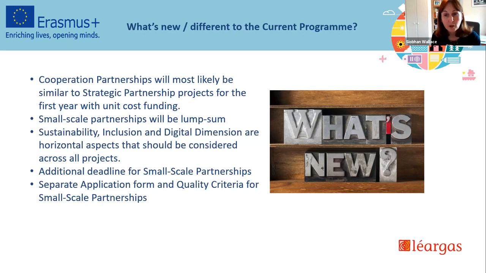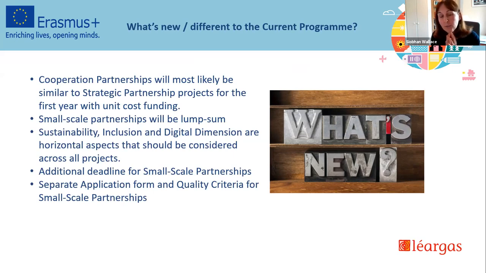So it is a relatively small amount of funding, but as said, if you only need one other partner from one other country, there's a lot that you can do with that sort of funding. And also it's less responsibility than having to start off with a project where you're maybe dealing with a couple of €100,000. And as I said, there is that additional deadline.